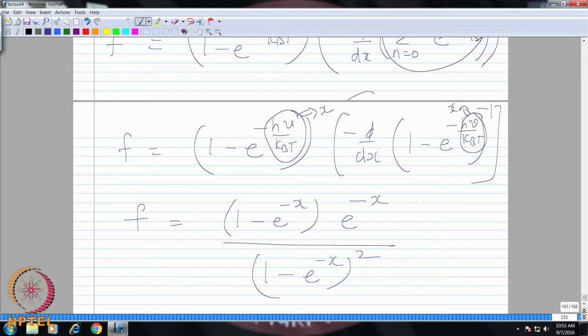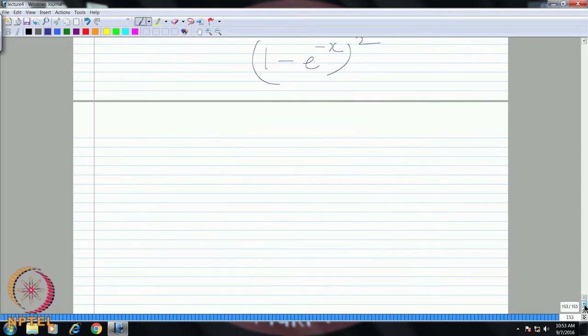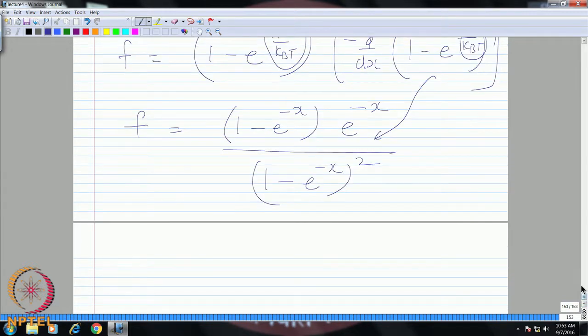This term if you differentiate, that will be e power minus x by 1 minus e power minus x the whole square. So, if you cancel the common terms, you will finally have 1 by e power x minus 1. So this will be 1 minus e power minus x.